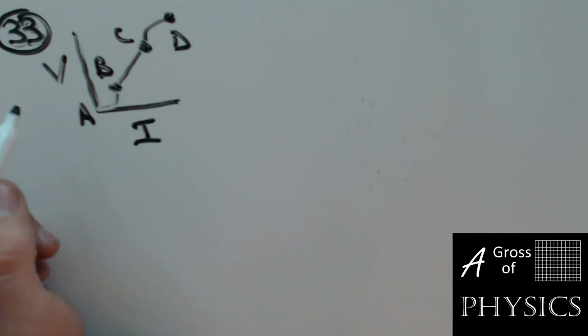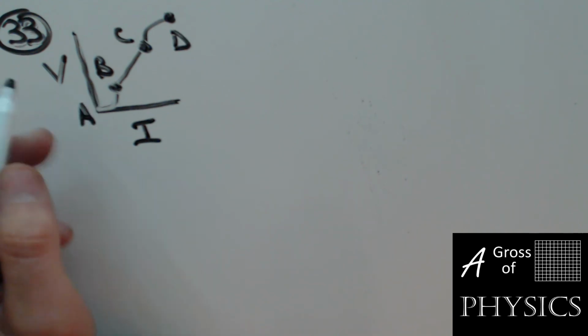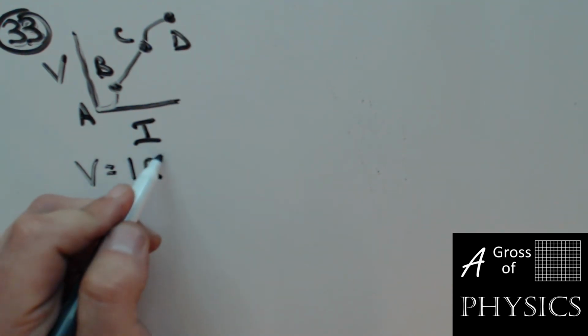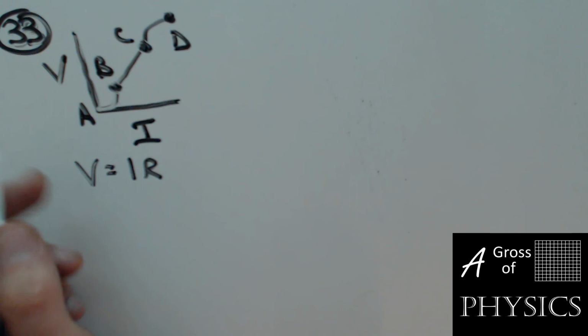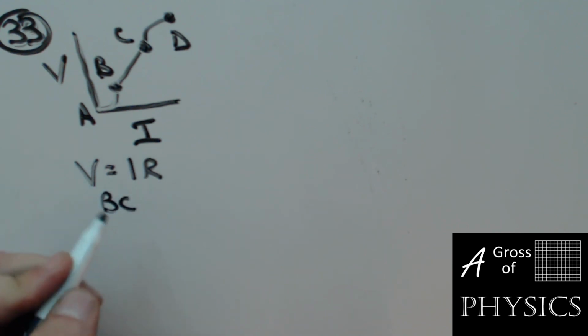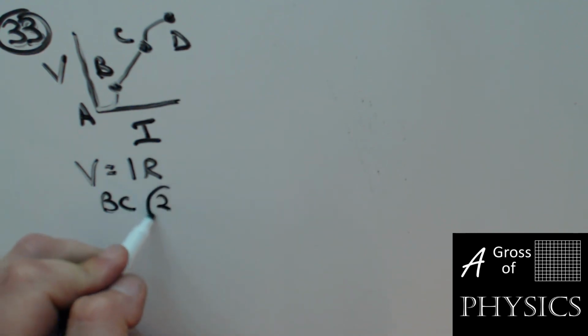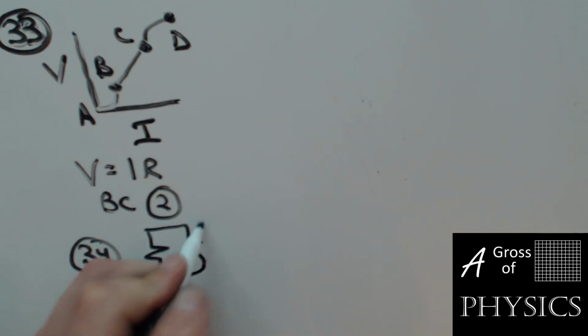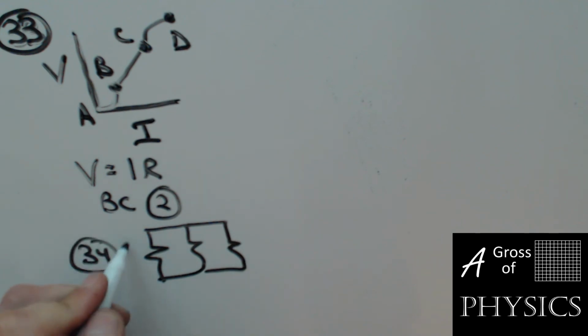All right, 33. When does this graph show Ohm's law? We know that Ohm's law is V equals IR, and that means we have a direct relationship. So where is it straight? That's BC, which is choice 2. All right, on to 34. We have 3 resistors in parallel, and they're all 3 ohms.